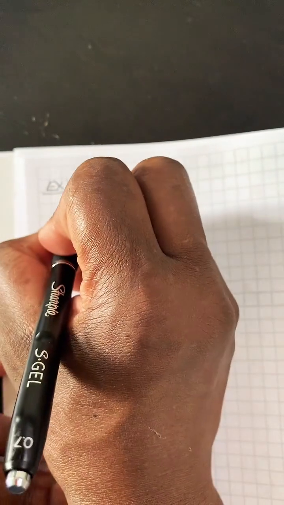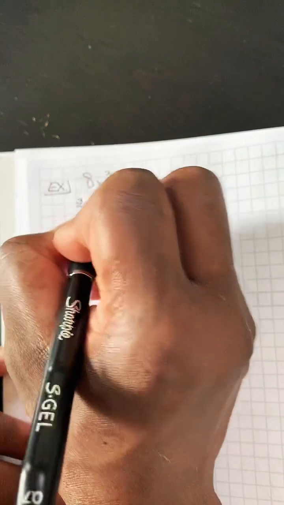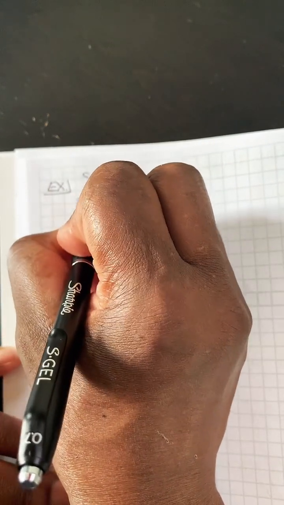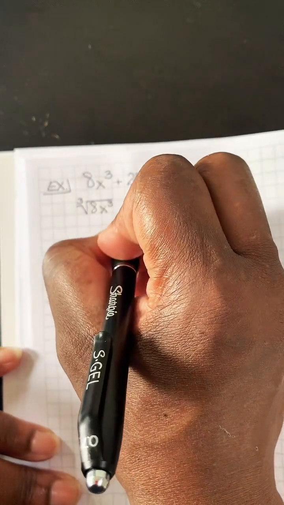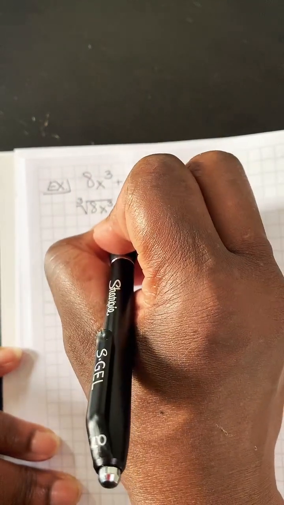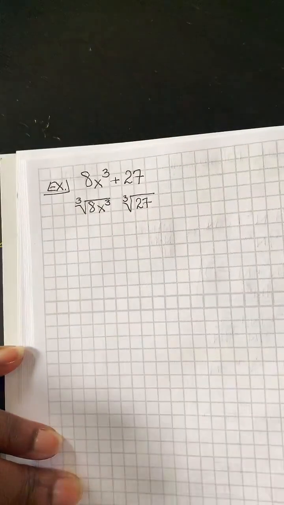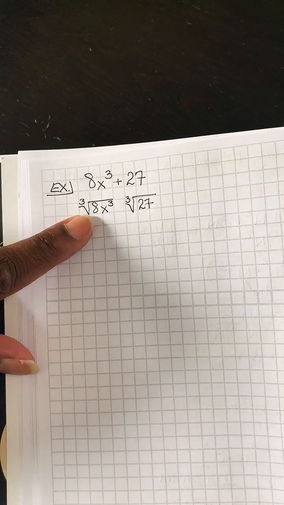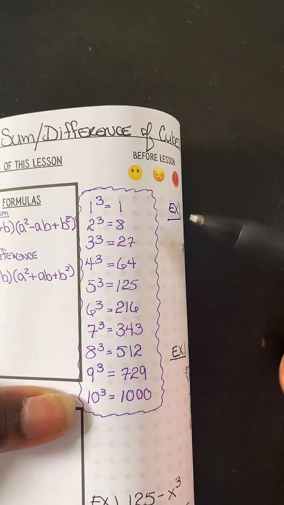So first thing we need to do is find the cube root of 8x to the third and find the cube root of 27. So the cube root of 8. So if you recall, I'm going to try to squeeze it over here.